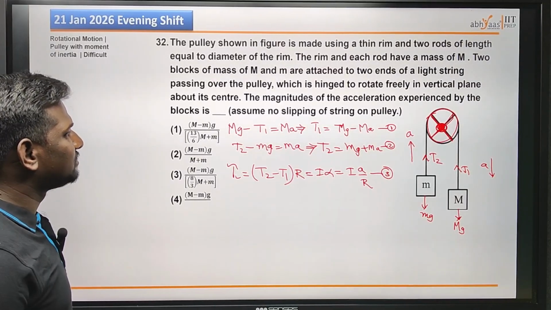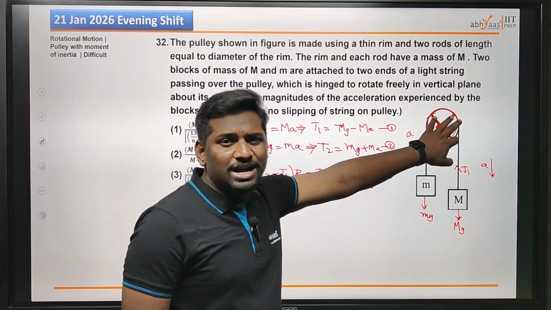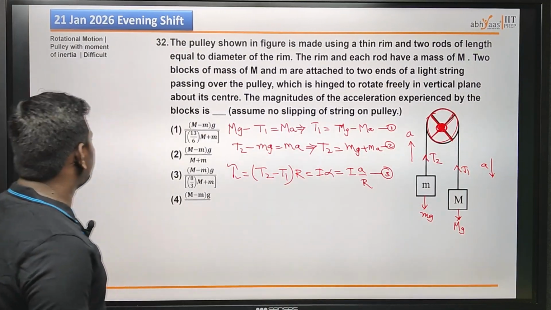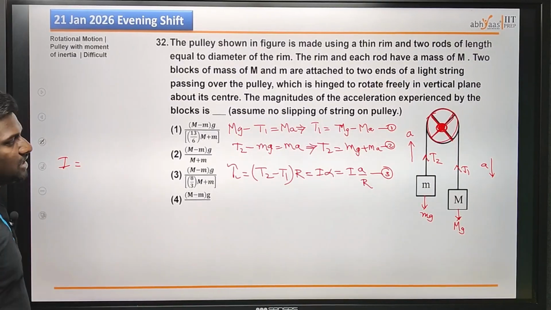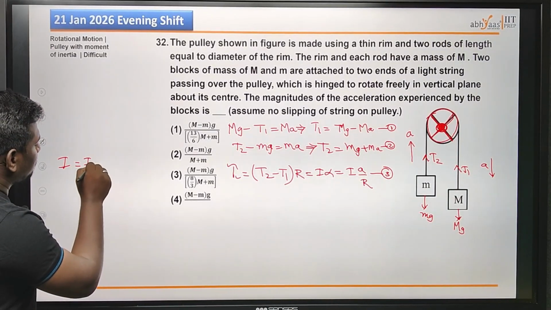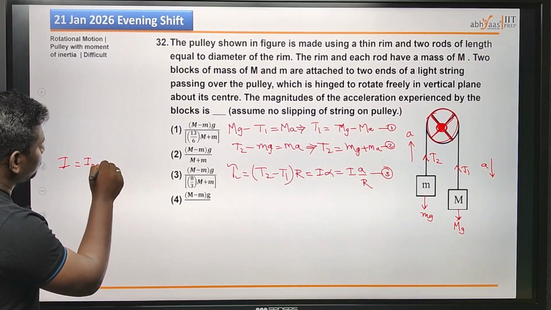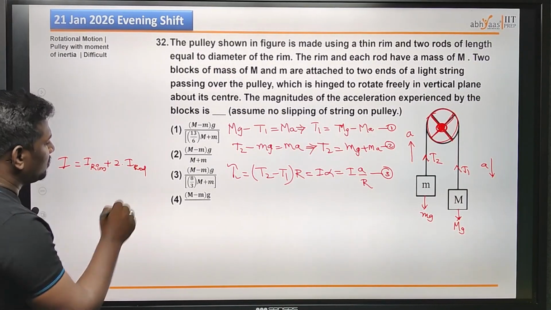So in this case, we have to find the moment of inertia of the rim and rods. What is the moment of inertia? I equals the moment of inertia of the rim plus the moment of inertia of two rods. We know that one.